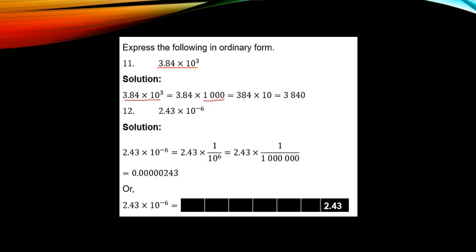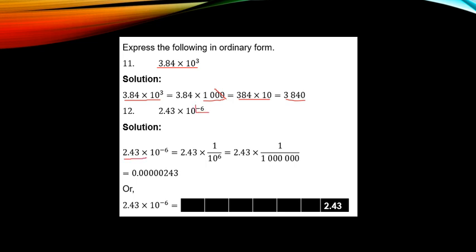Now to convert 3.84 to a whole number, multiply it by 100. That means if 2 zeros disappear from here, you have 384 times 10. That is 3,840.